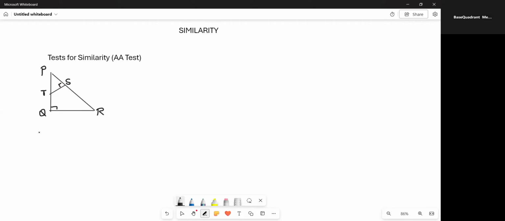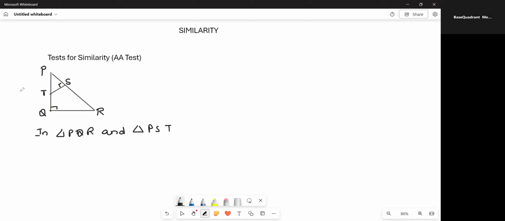Okay. Now, how to prove that these two triangles are similar? In triangle PQR and triangle PST, first of all, you see that angle S is 90 degrees, and for the big triangle angle Q is 90 degrees, and for the small triangle angle S is 90 degrees.